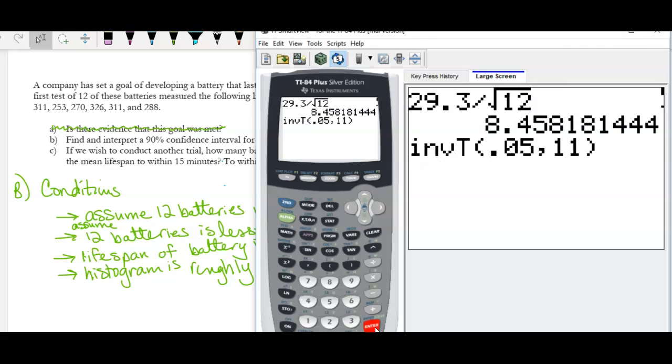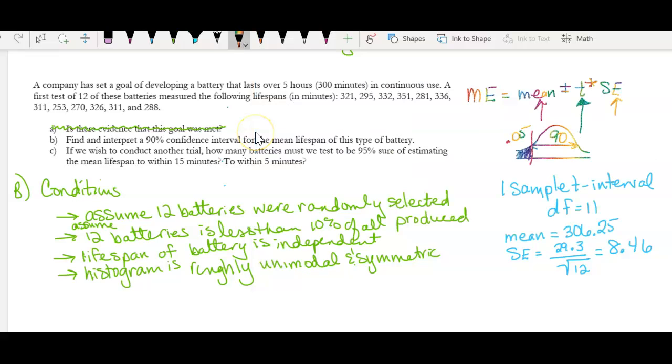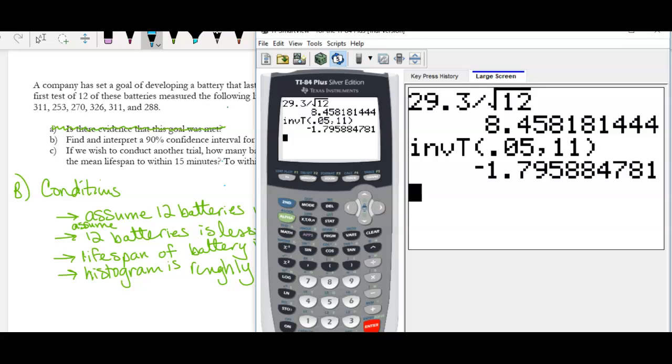And so this one is negative 1.795. So we can round that up to negative 1.8. So the critical t, I'll make that back to blue, is negative 1.8.